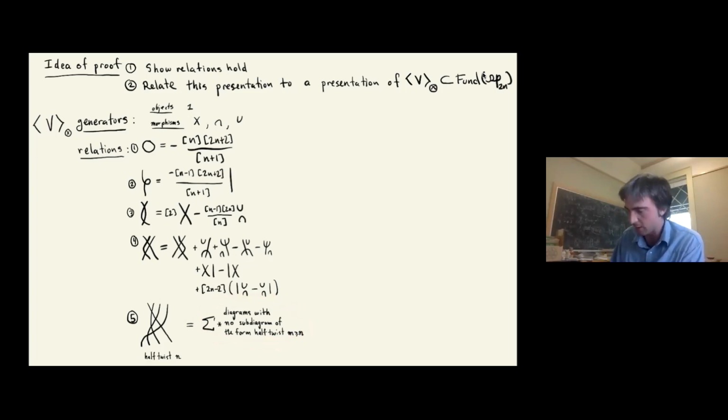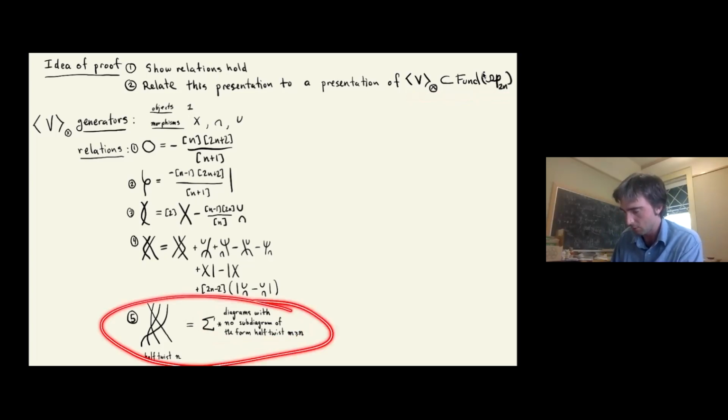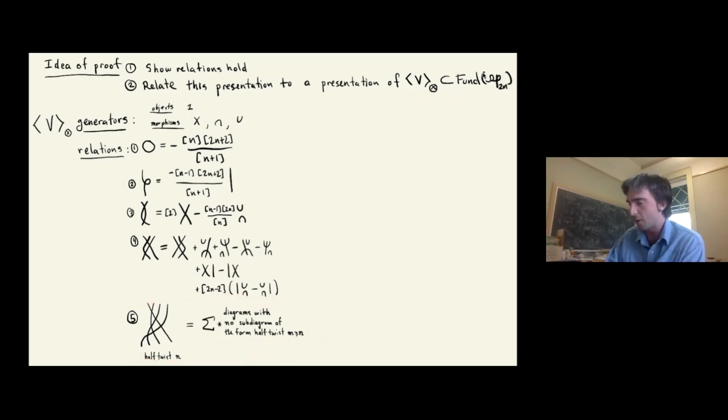And that ends up being enough to give us the result. So basically, using this relationship, as well as some knowledge about this relation that we can take the half twist and rewrite it, we can count the dimensions of invariant spaces in this category. And some work of Sundaram allows us to relate that to our diagrammatic calculus, and the result follows from that.